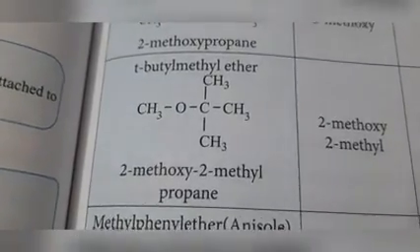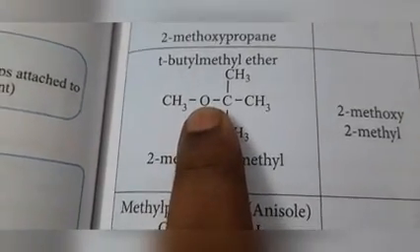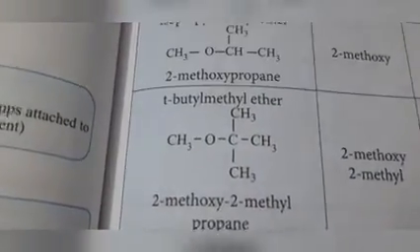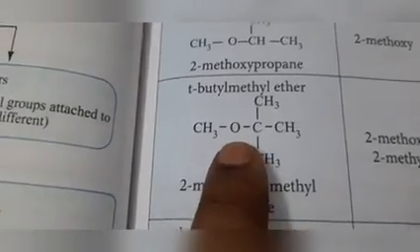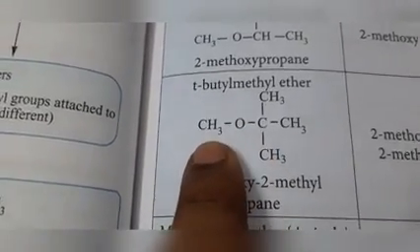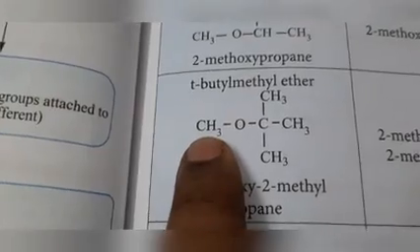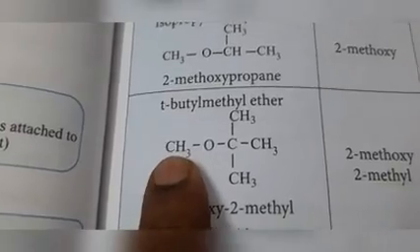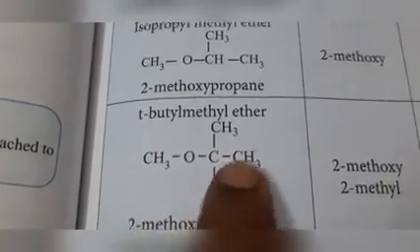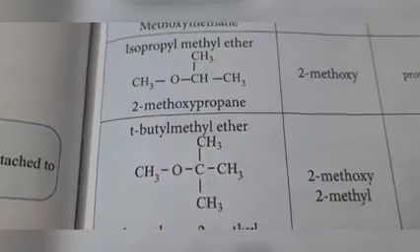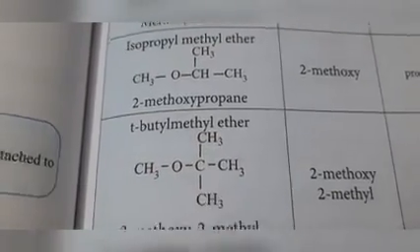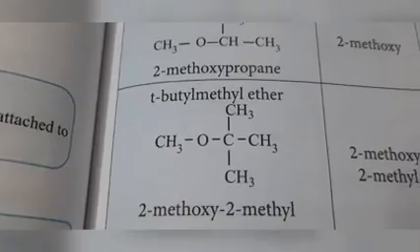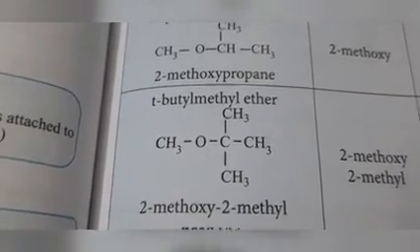See the third example. For common name, the formula is alkyl name plus ether. Here, what alkyl groups are attached? You have to know how many carbons are present in each alkyl group. In this alkyl group, only one carbon is present, that is methyl. In the other, count the carbons: 1, 2, 3, 4, totally four carbons. Four means butyl, tertiary butyl.